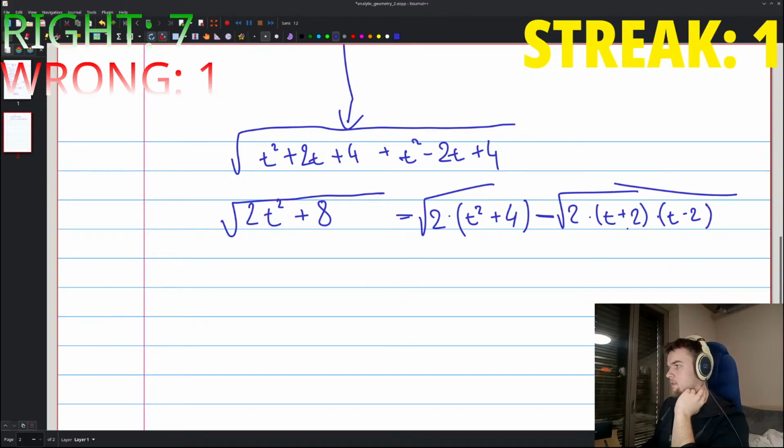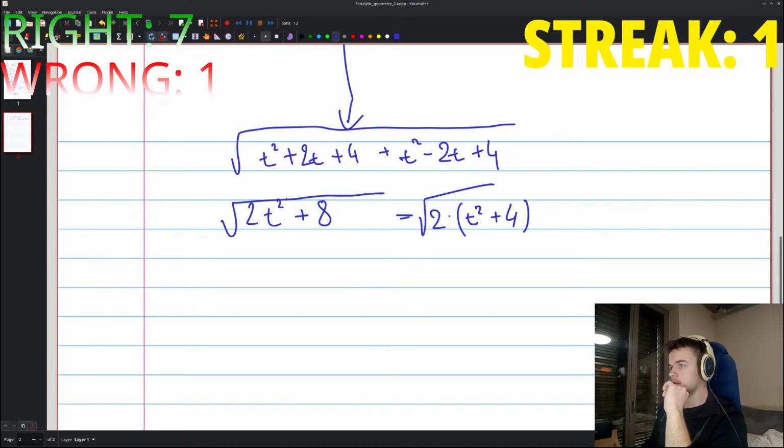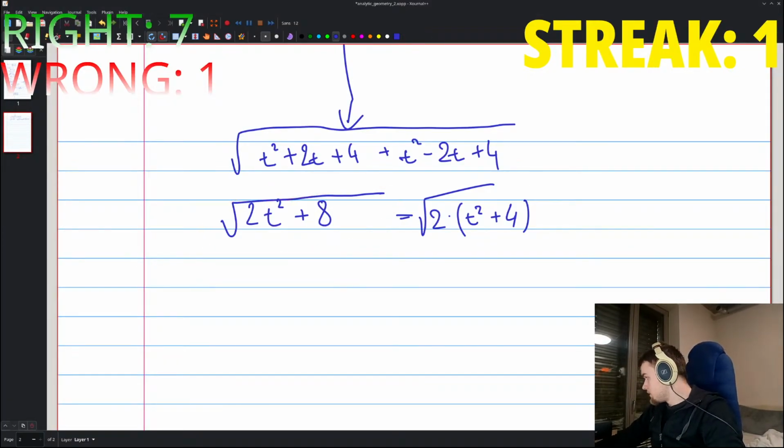However, I don't think this accomplishes anything. I will take a look at the results, but I think this is as far as you can get. Yeah, that's the correct answer.